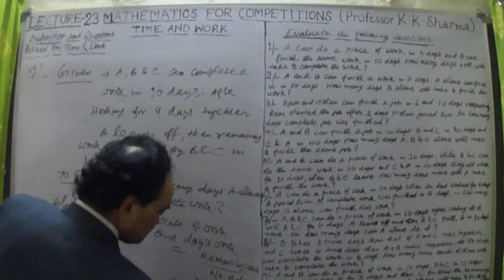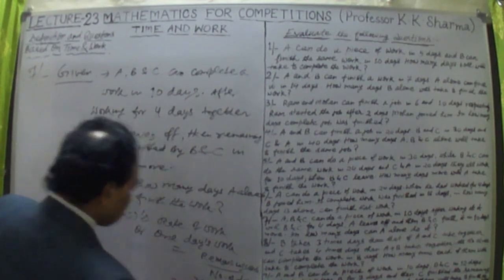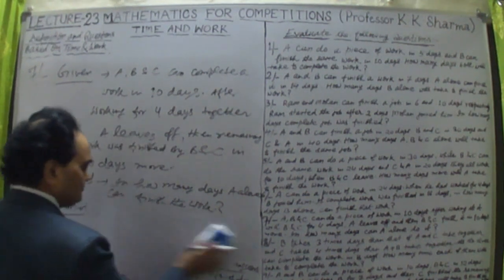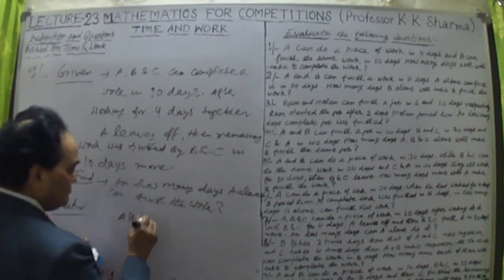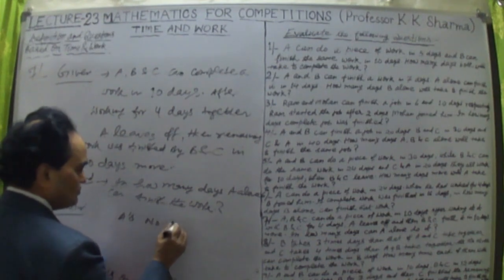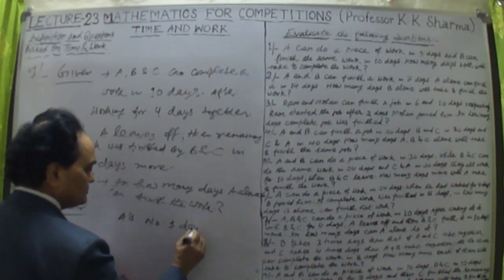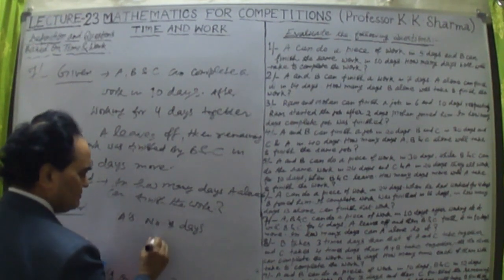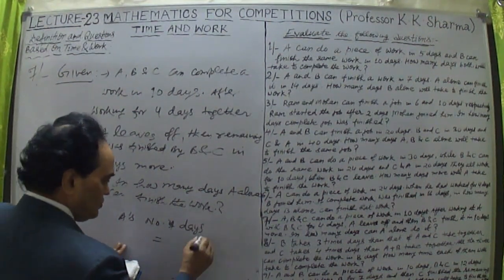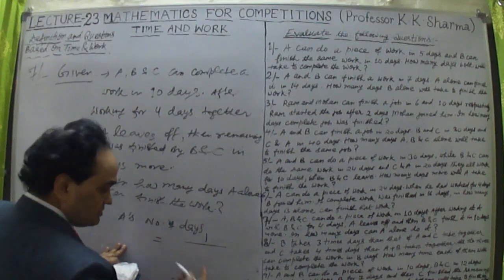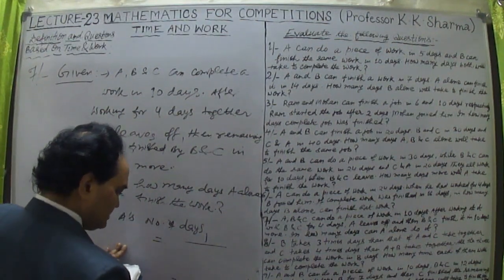That will give us A's rate, and then A's number of days is 1 upon the work divided by the rate of work. What is the rate of work of A?